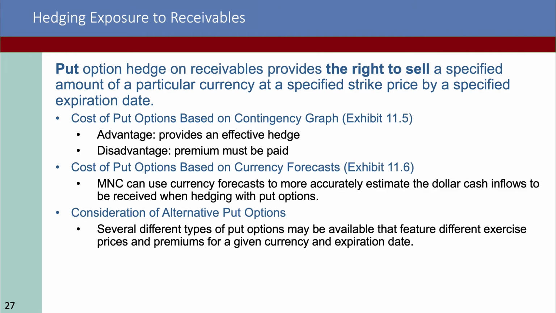The advantage is so obvious: it provides a hedge and flexibility also. The disadvantage, you have to pay the premium upfront. The put option is typically what we call the insurance policy.